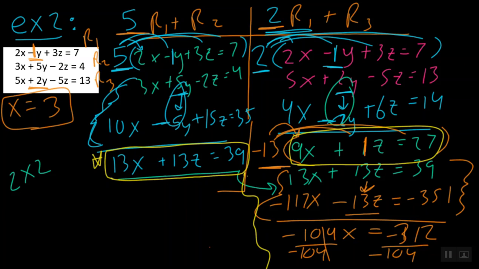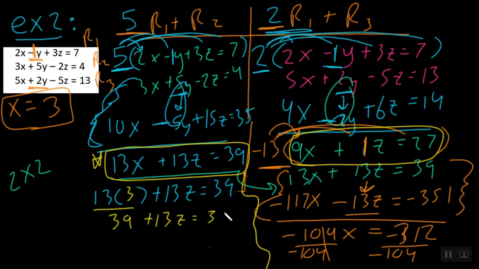We know what x is, so 13x plus 13z is equal to 39. Then we plug in that nice yellow: x is equal to 3. 13 times 3 is 39, plus 13z is equal to 39.